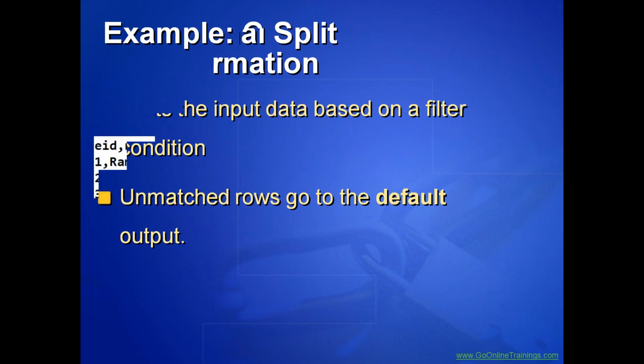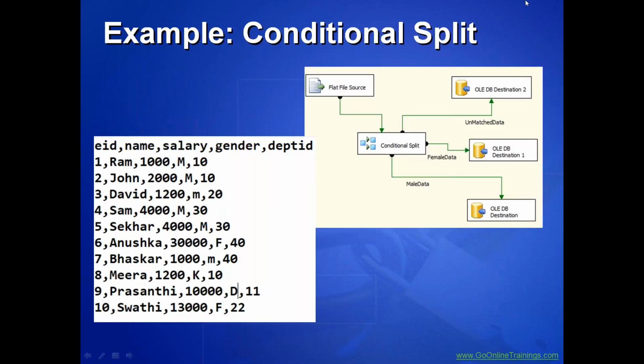Clear? Now, I have some data: employee ID, name, salary, gender, department ID. I want male data to go to one destination, and female data to go to one more destination. I have a wrong gender inserted here, K and D, right? So male data here, female data here, and unmatched data, K and D, are unmatched.